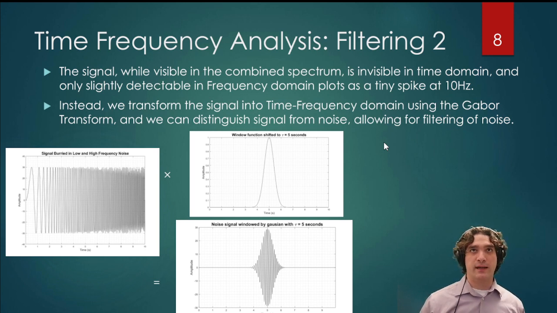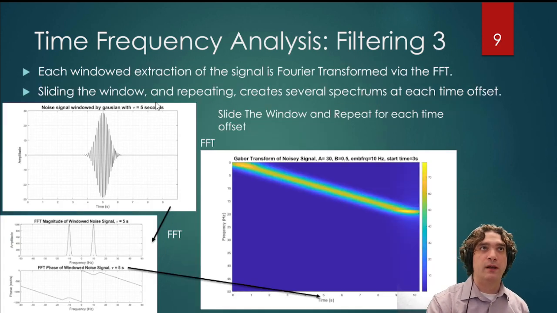So this is the Gabor transform, and this will allow us to filter out noise. When we Fourier transform it, we get this spectra, and this will produce a single column. This entire thing here in magnitude is the vertical column in the time frequency plot at time equals 5 seconds. Here we have frequency on the y-axis and time on the x-axis.